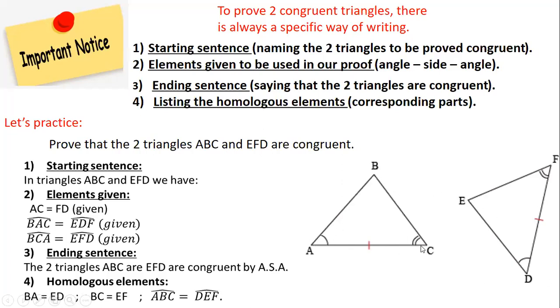Side AC is marked. I don't use it in homologous elements. Side FD, I don't use it either. Then I say side BC will be equal to side EF and side AB will be equal to side ED. So in homologous elements, I name the angles and the sides that are not marked or given.